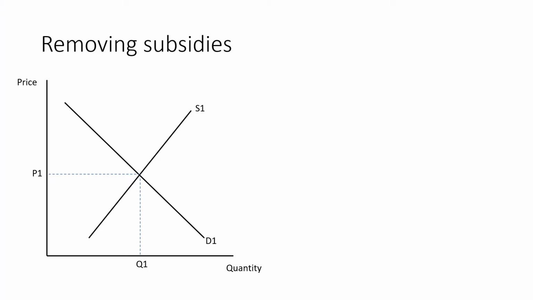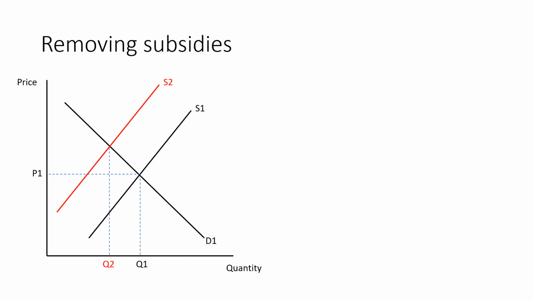Subsidies offset production costs. Therefore, removing a subsidy will decrease the profitability of supply. Firms will respond to falling profit margins out of self-interest by decreasing market supply from S1 to S2. The decrease in supply will cause the equilibrium quantity to fall from Q1 to Q2.